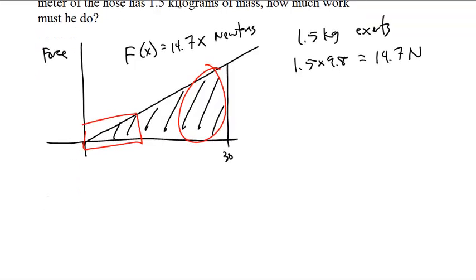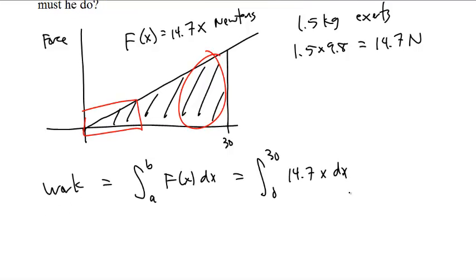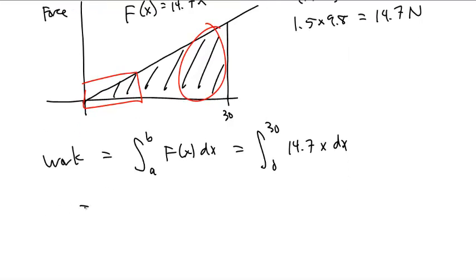So the total work is going to be, as we said, the integral from a to b of f of x dx, which in this case is the integral from 0 to 30 of 14.7x dx, and you could have figured it out as a triangle, but the integral is pretty easy too. 14.7x squared over 2, evaluated from 0 to 30.